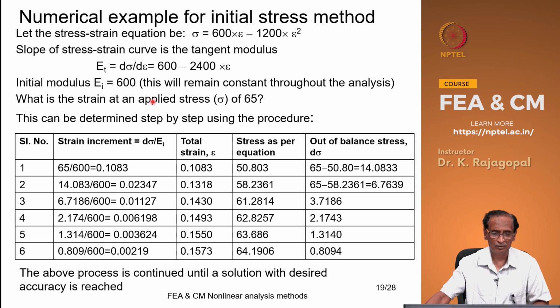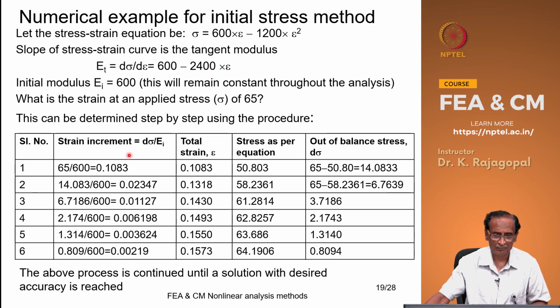And now we are interested in knowing the strain corresponding to a stress of 65. Okay. And we know that the initial modulus is 600, and your stress strain equation is sigma is 600 times epsilon minus 1200 epsilon square, and then the tangent modulus is 600 minus 2400 epsilon.